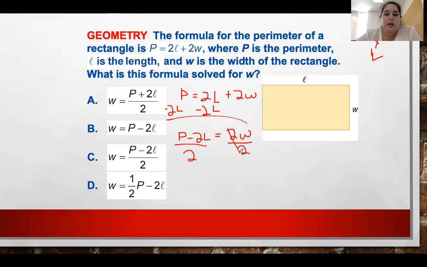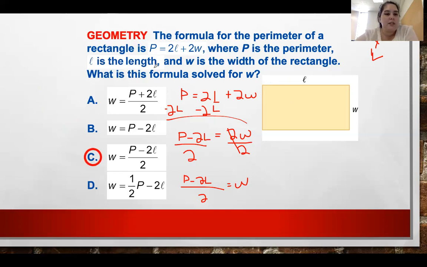Over here, we cannot cancel the 2's out because this is an expression that's getting divided by 2. So we have to leave it as P minus 2L all over 2 equals W. And if you look at that, we see the answer is C.